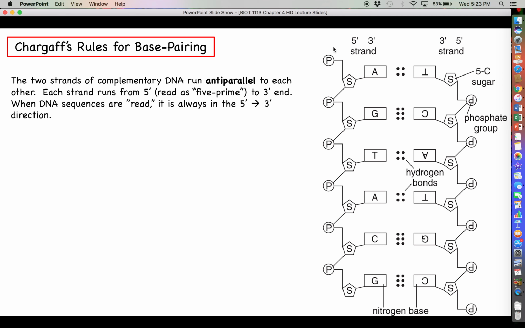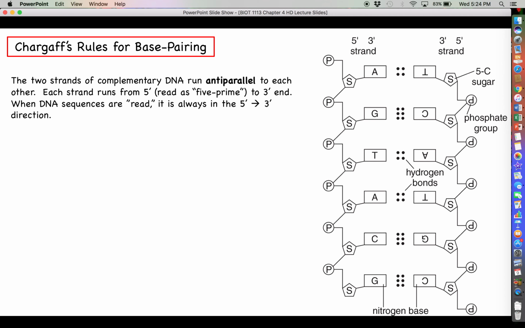So the direction of this strand goes from 5' to 3', from top to bottom there. So when you look at the opposing strand, you can see that the directionality is reversed. You have the 5' end down here at the bottom and the 3' end up here at the top. So this is what we mean when we say anti-parallel. They are parallel, but the 2 strands are running in opposite directions. So that is what we mean by anti-parallel.